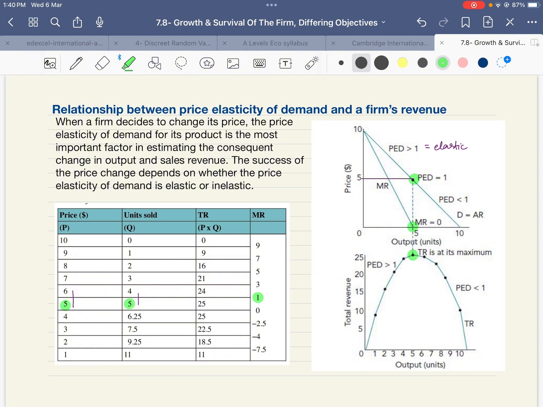In this part of the curve, which is below the point where price elasticity of demand is 1, the PED value is less than 1, which means that the firm can charge higher prices as it will not have much of an impact on quantity demanded. So we can see that price elasticity is a very important concept when firms need to decide whether they should increase the prices or not, and they see what happens to the total revenue.